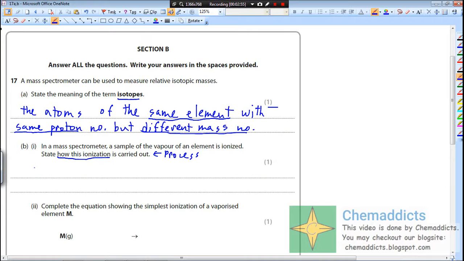Here the vapor of the element is bombarded with high energy electrons, so the answer would be like this: vapor of sample is bombarded with high energy electrons. We need to mention the word bombarded over here.